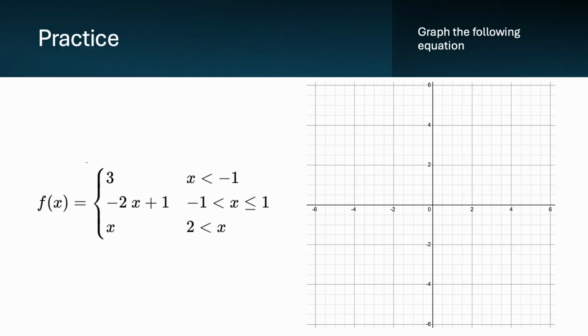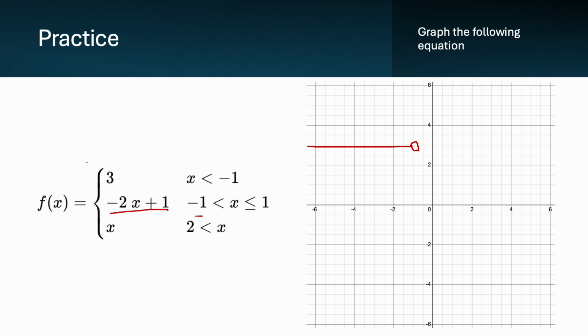All right, practice. Graph the following equation. So when x is less than -1, it's going to be 3. So that's going to be here, and that's going to -1. It's not including -1. F of x, when it's between -1 and 1, it's going to be -2x plus 1. So -1 times that is going to be 2 plus 1, so 3.